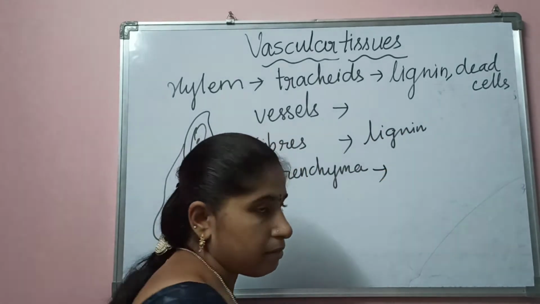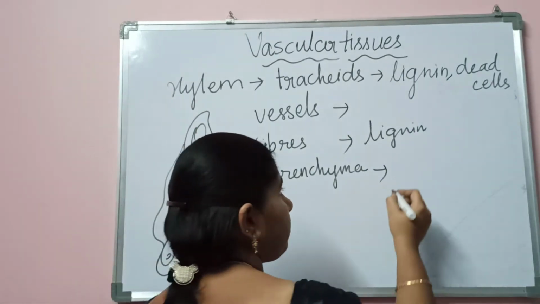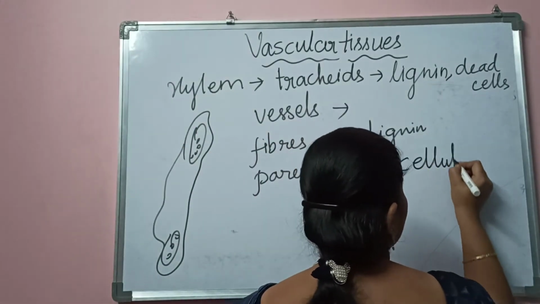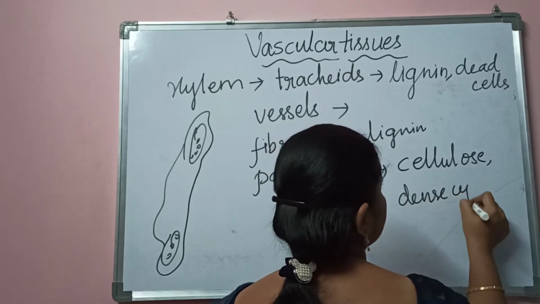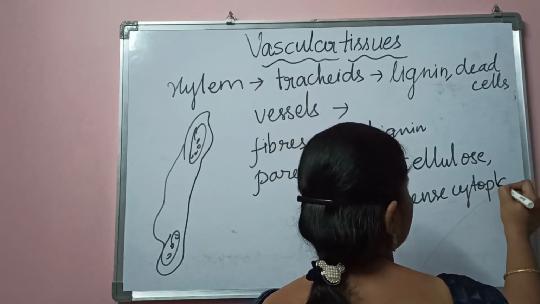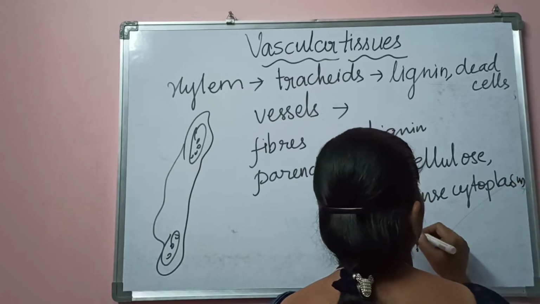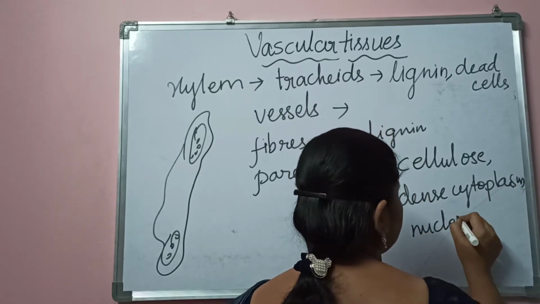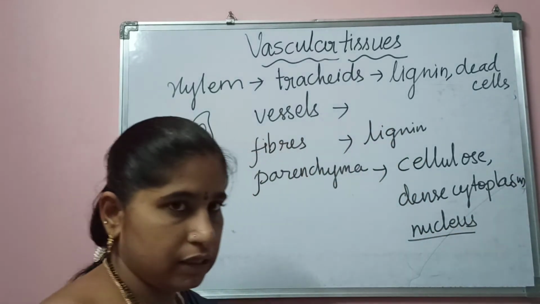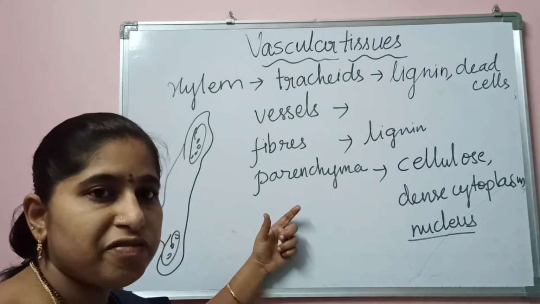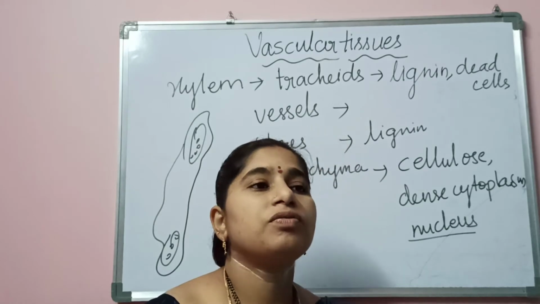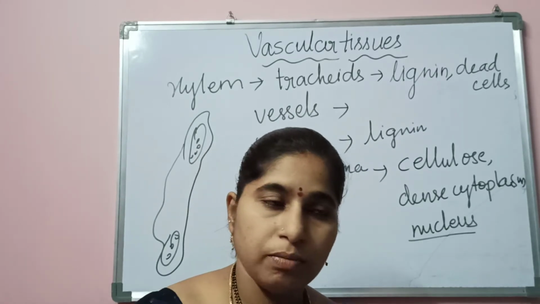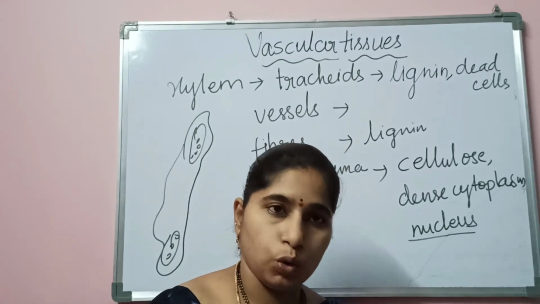Xylem parenchyma is made up of cellulose. They have dense cytoplasm, meaning more cytoplasm, and a nucleus. The function of the parenchyma is to store food material or minerals, so it is helpful for storage.